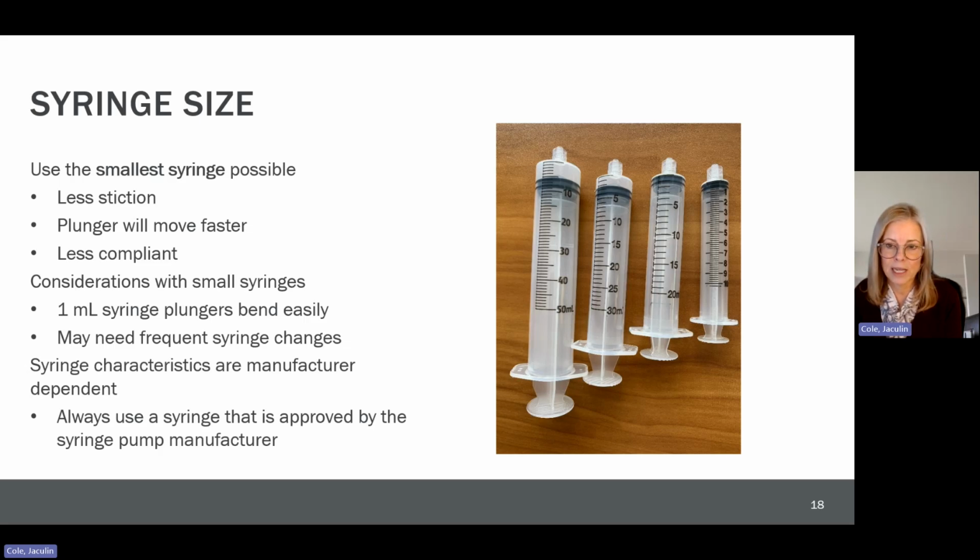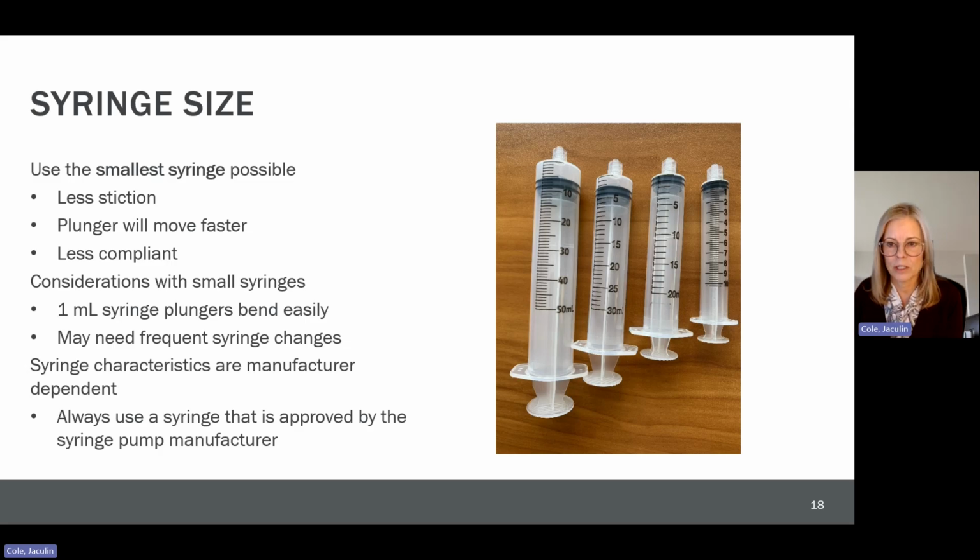Now, in our previous example, if syringe brand A size XX and X are acceptable, how do you decide which one to use? If size X is a 1 milliliter syringe, you might not want to use that because the plunger of 1 milliliter syringes is kind of flimsy and can even bend in the pump during administration, or that plunger could fall out during transport.